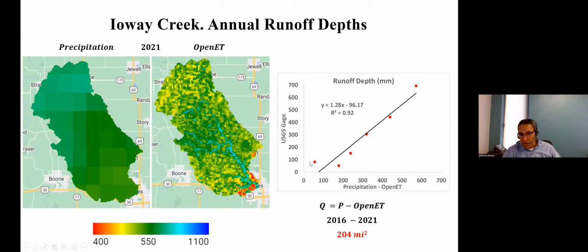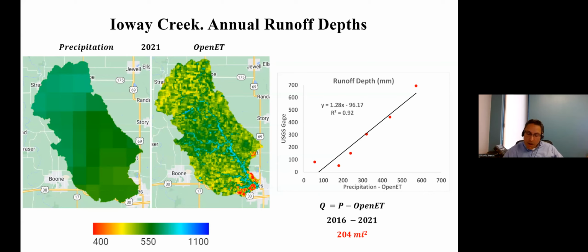So years from 2016 to 2021, six dots, six years. What I'm comparing here is the runoff estimated with the USGS gauge data, in situ measurements at Ames, and the runoff estimated with my simple hydrologic model. I did it for multiple areas throughout the state, and we found out that at this scale, our simple hydrologic model works really well.